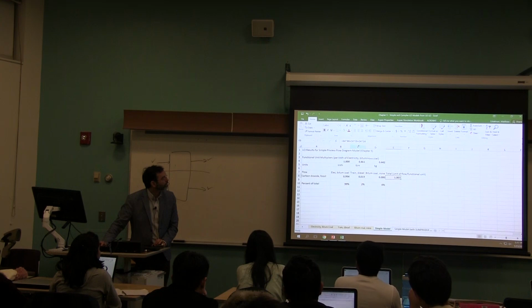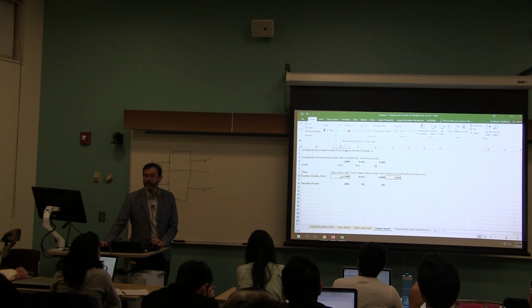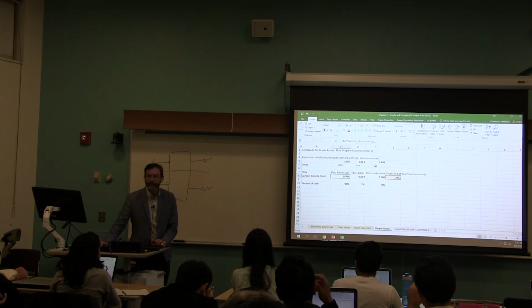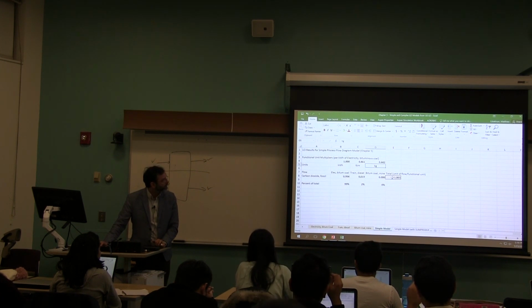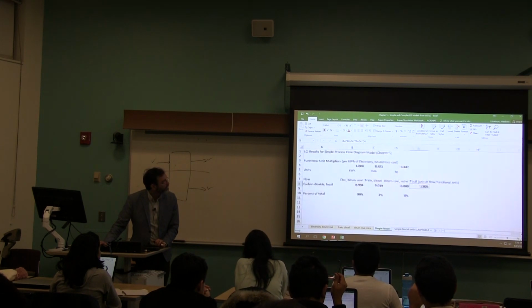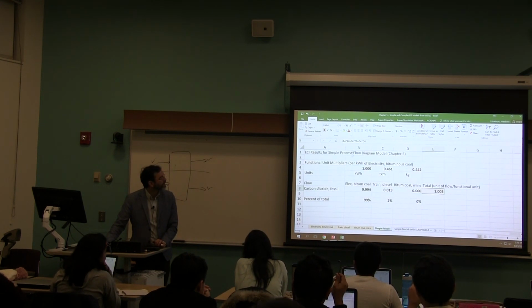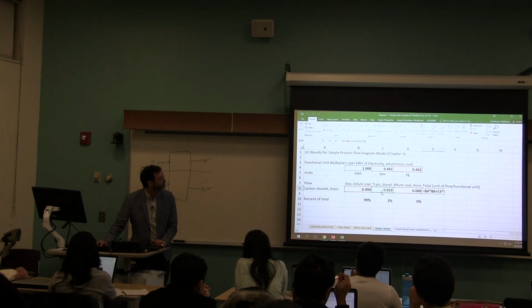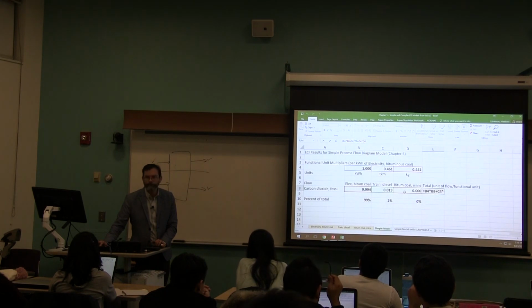You just multiply the activity coefficient, the amount you need, that big purple number from the visual example, times the emissions per reference flow, per kilowatt hour, per ton kilometer, or per kg. So if you look at this formula here, and let me blow it up a little bit more, I'm just multiplying each of these together, this one times this, plus this one times this, plus this one times this.